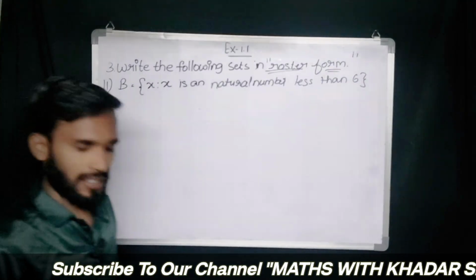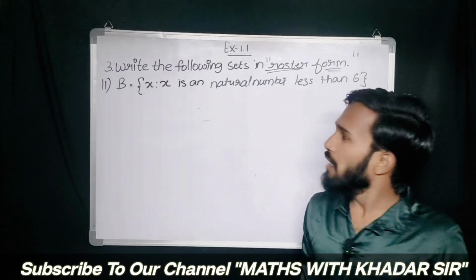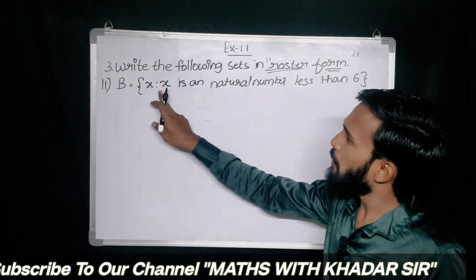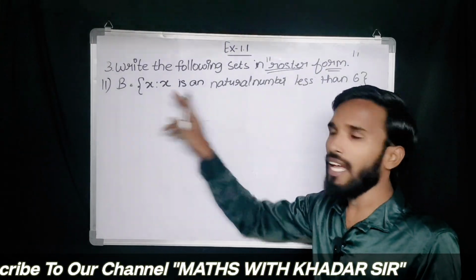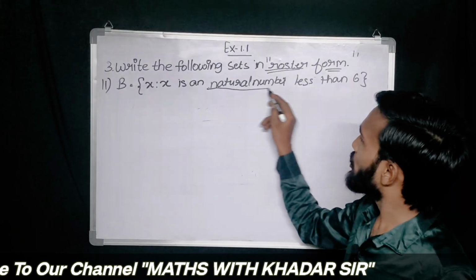Here the elements of the set are represented by the letter x, and it says they are natural numbers.